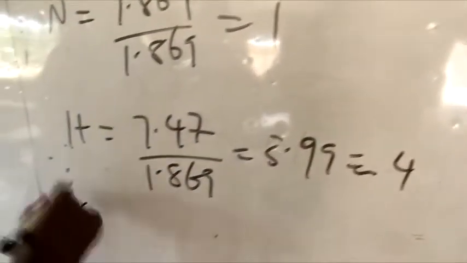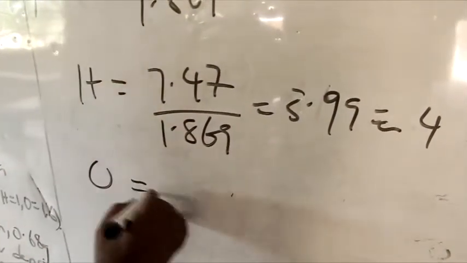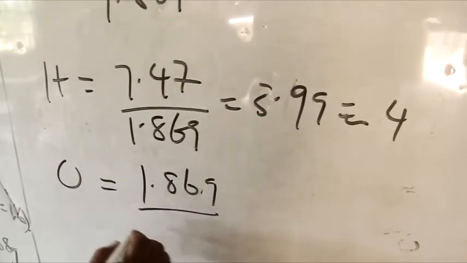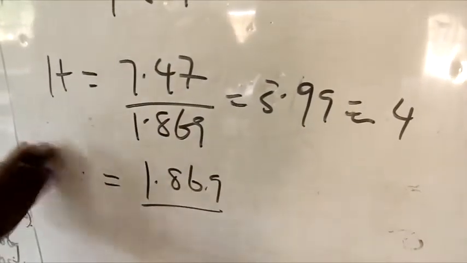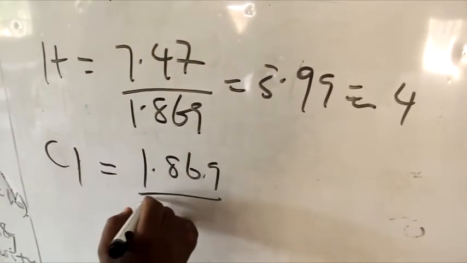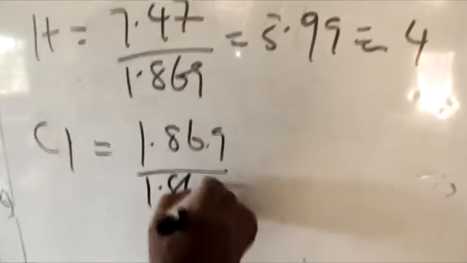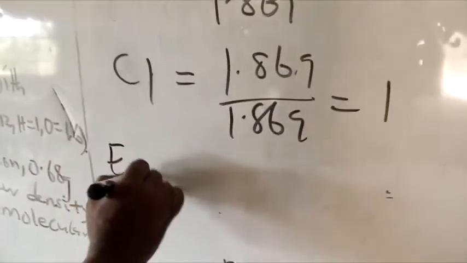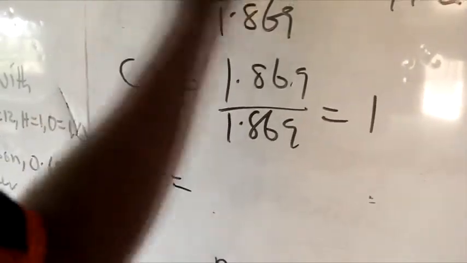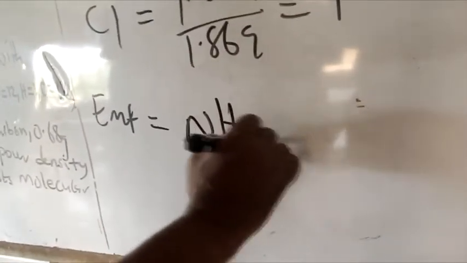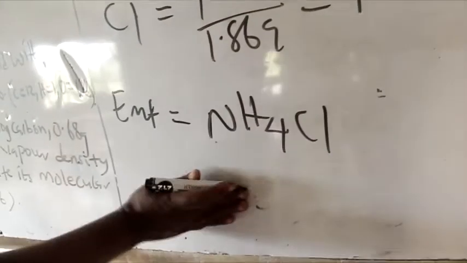And chlorine, 1.869 divided by 1.869 is equals to 1. And so your empirical formula will be equals to N1, H4, and Cl1. Wonderful.